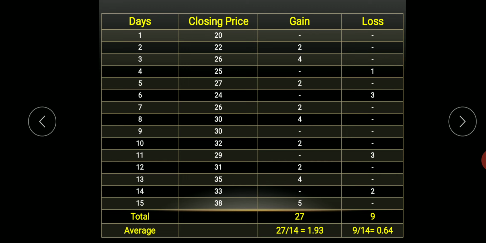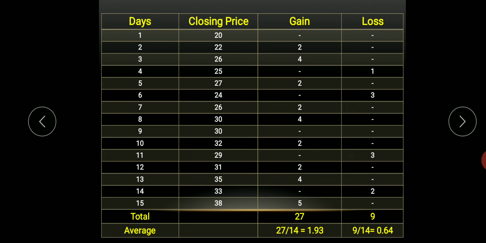In the fifth day, from 25 to 27, 2 rupees increased, so 2 rupees is the gain. In the sixth day, from 27 to 24, it is 3 rupees loss. Like that, every day you compare with the previous day and see whether there is any gain or loss.